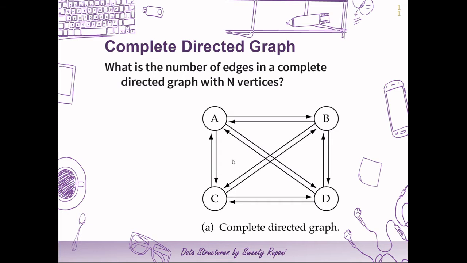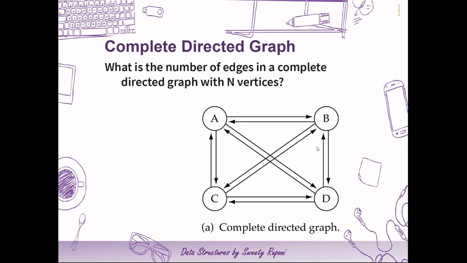This shows a complete directed graph. You can see directions are given and all the vertices are connected to all the other vertices in the graph. So this is a complete directed graph. Now, how many edges are there in a complete directed graph with n vertices? Let us count: 1, 2, 3, 4, 5, 6, 7, 8, 9, 10, 11, 12.